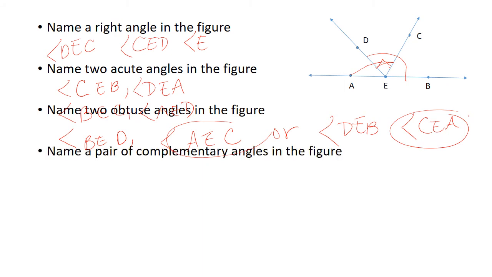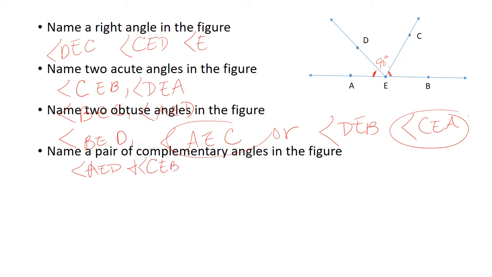Name a pair of complementary angles. Remember, complementary angles have to add up to 90. So if we know that this angle here in the center is 90 degrees and this is a straight line, that means that this one and this one have to add up to 90 degrees as well. So the pair of complementary angles would be angle AED and CEB.